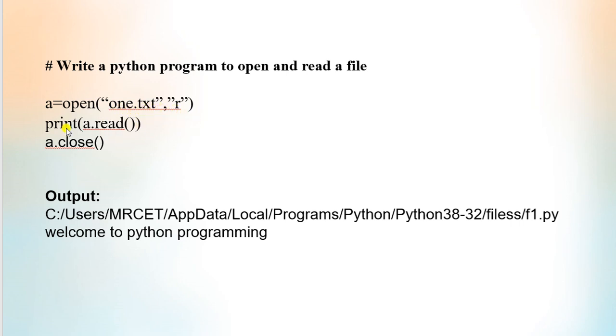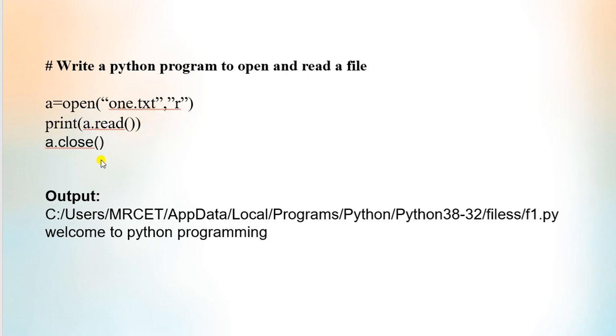Next, in the next line we have the read function. The read function is used to read the content from a file. So here, print of a dot read. The a is the file pointer, which is initialized here using the open function, and the read function is used to read the file 1.txt.